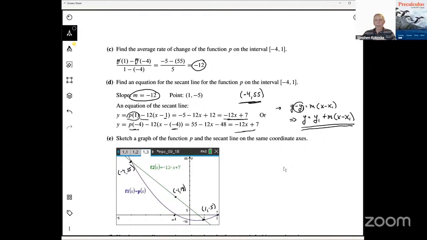So for right now, we would say, look, draw the secant line, sketch the secant line together with the graph of the polynomial, zoom in if you have to, and when you answer the question, make sure you talk about concavity.